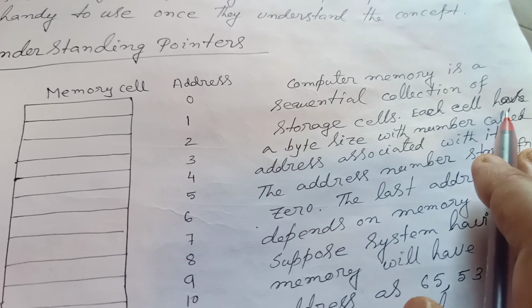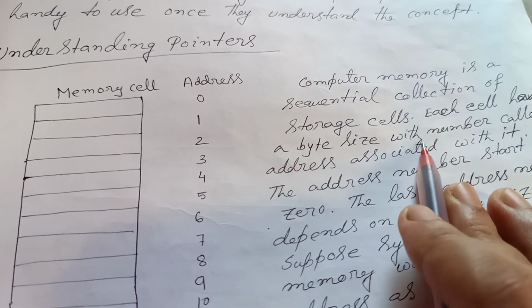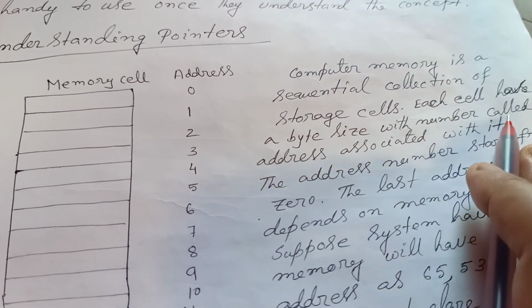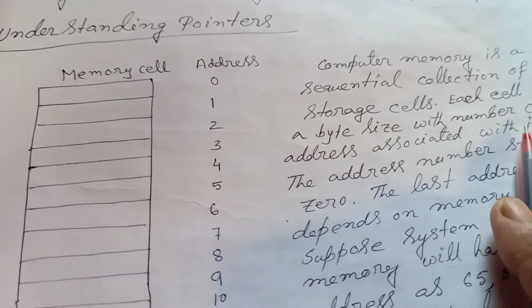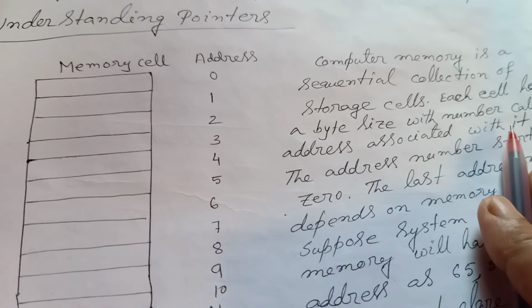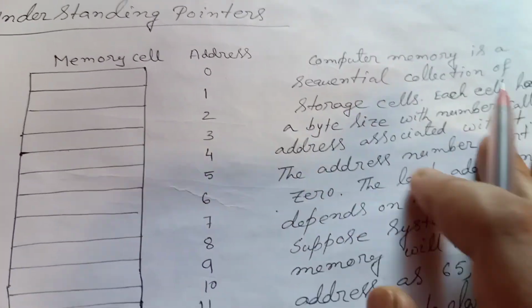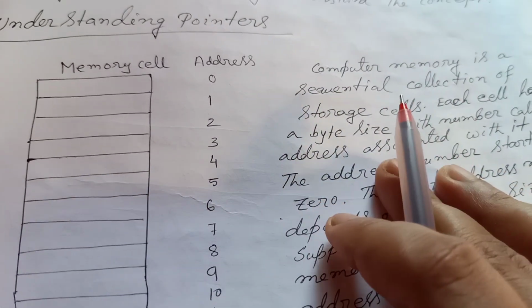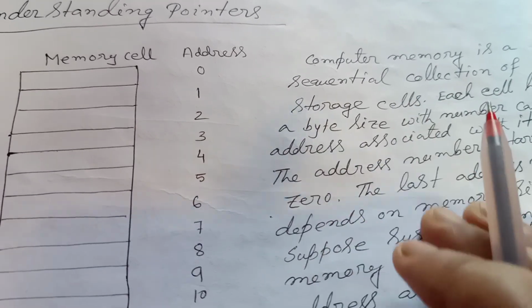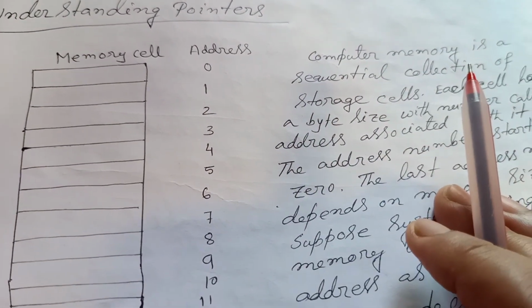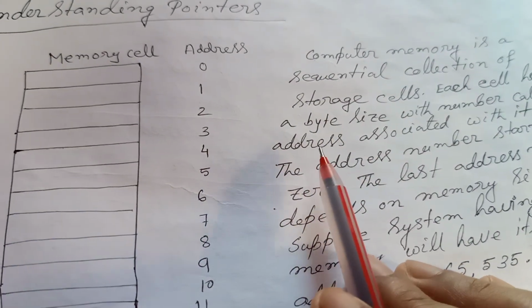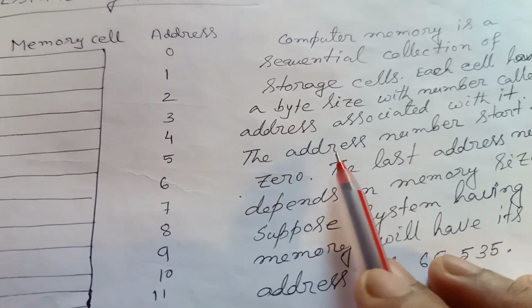Each cell has a size of one byte, with a number called address associated with it. That means the memory cell size is measured in bytes, and it contains the address value associated with each memory cell.